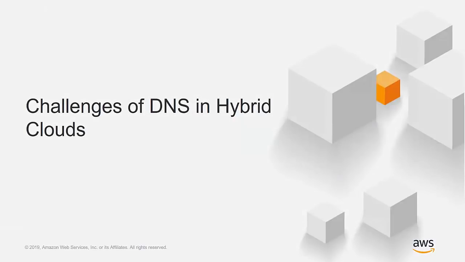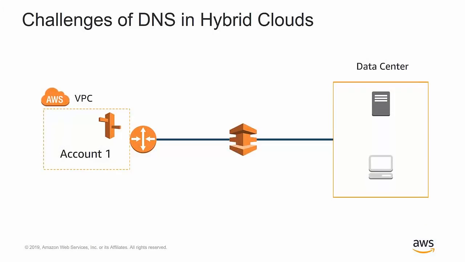So what we're going to talk about today is the challenges of DNS, and specifically DNS resolution, or the resolver piece, in hybrid cloud environments between AWS and your on-premises data center. For example, today most of you have, very simplistically, maybe a VPC in Amazon Web Services, and you might have a Route 53 private hosted zone there, and then you might have a data center that is on premises.